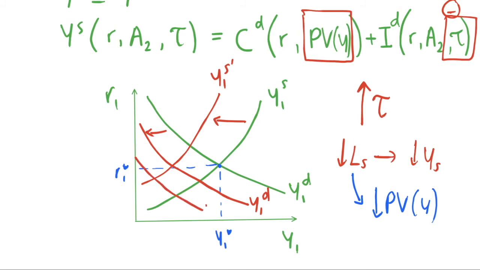So again, we are going to shift our aggregate demand to the left yet again. So a very sharp decrease in aggregate demand coming from decreases in consumption and a decrease in our investment.